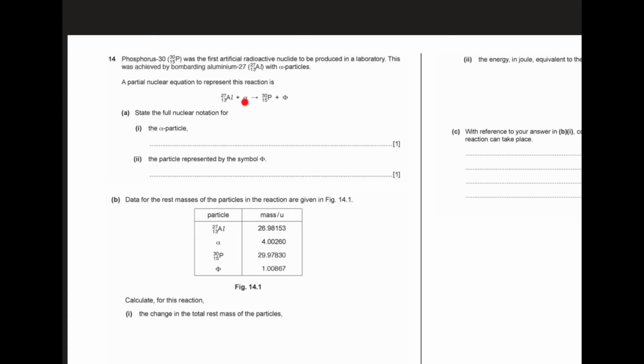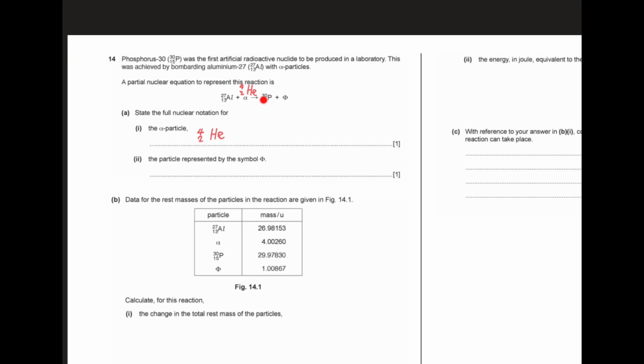Okay, so when you look at this equation, first we need to know that the alpha here is actually helium. So helium is 4, 2. So when we write the answer for the first one, the alpha particle, we write helium 4, 2. If this is helium 4, 2, then we look at the nucleon number, 27 plus 4, which is 31.